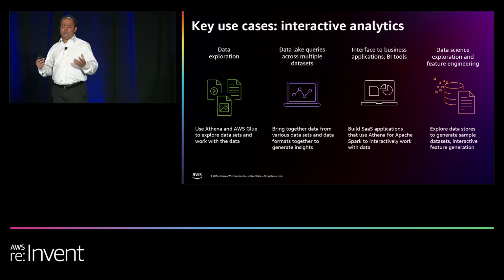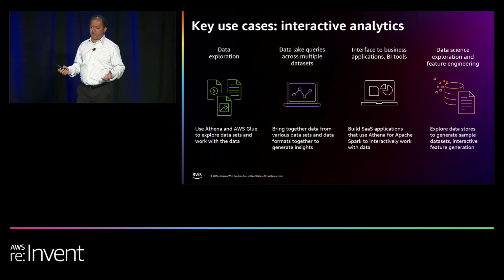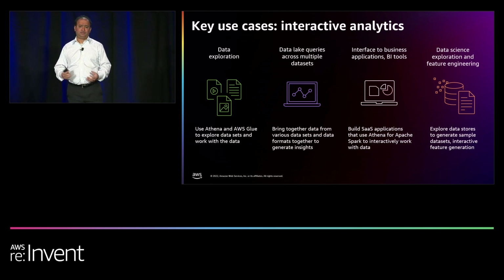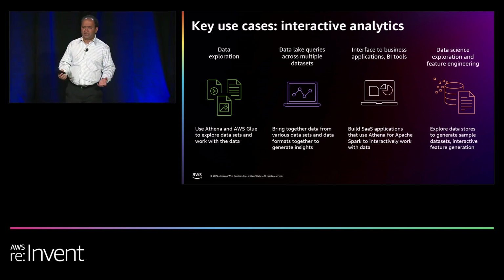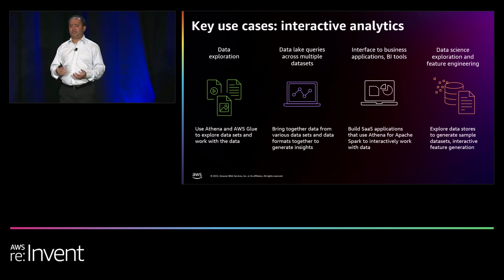You might not have one data set, but you may have multiple data sets. You may bring multiple data sets which are structured, semi-structured, unstructured into your data lake, and they may be in multiple open formats. So, you can use Athena for Spark to bring all these data together to be able to join the data across these data sets and data formats to generate your insights.